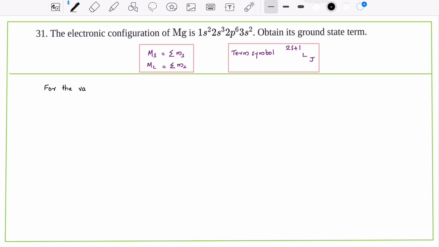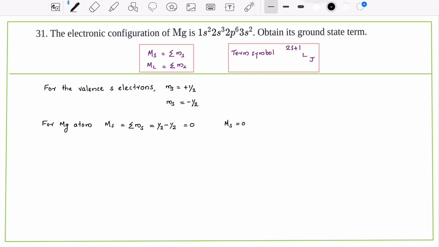Now you consider the valence s electron. For the valence s electron, which is completely filled, for the first electron, ms is equal to plus half, and for the second electron, ms is equal to minus half. Now, if you consider magnesium atom, the capital Ms, that is equal to sum over small ms, that is equal to 1 by 2 minus 1 by 2, which is equal to 0.